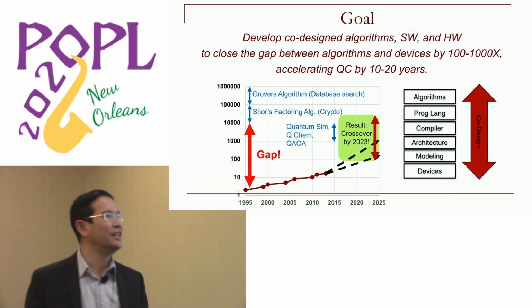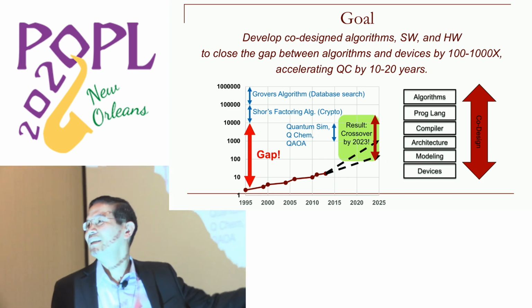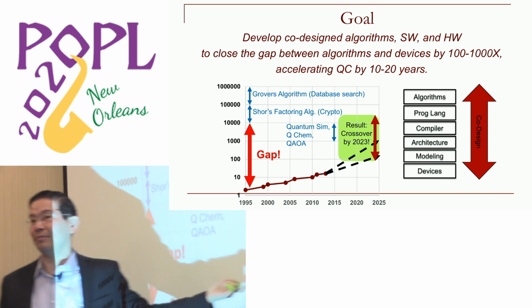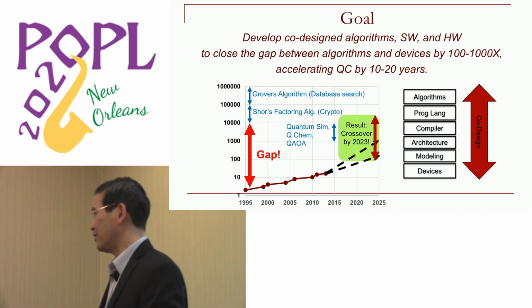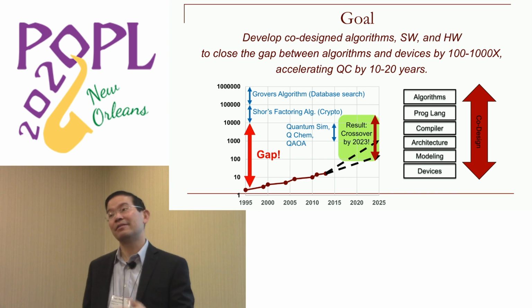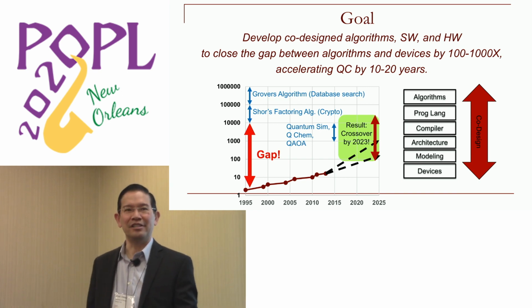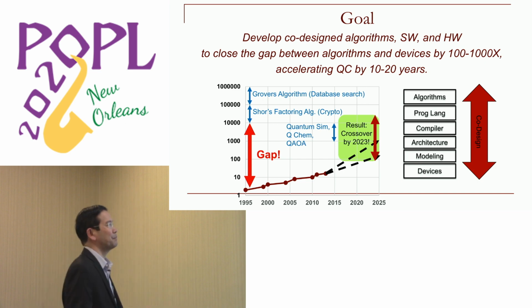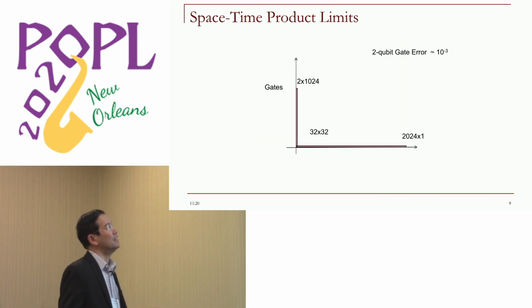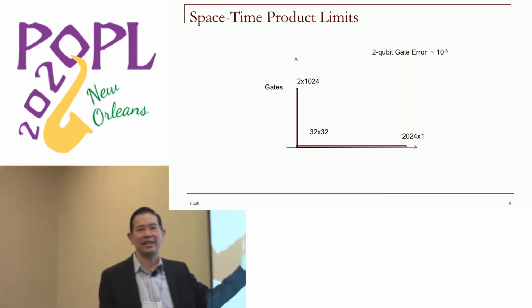So the idea is to get practical computations running on machines 10 to 20 years earlier by being smarter in our software, in our compiler, which has, we'll see, strong implications as to how you would design the programming language.